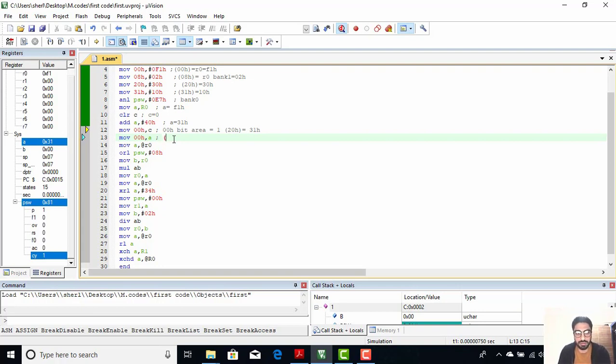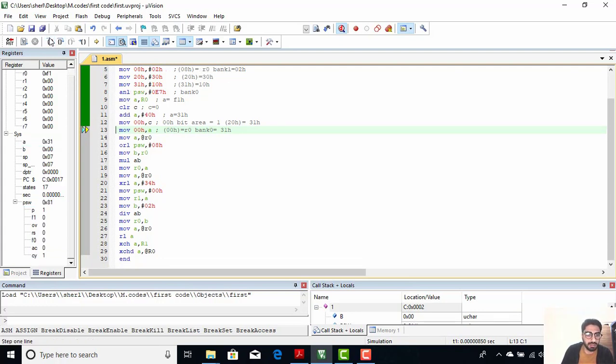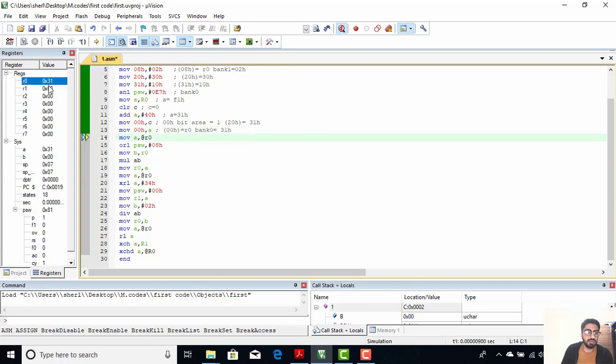So 00 hex is R0 of bank 0, equal to the value of A, which is 31 hex. Let's see if it's right or not. As you see here, it took the same value. The f1 was moved here, and now it's 31, the same value as A here.